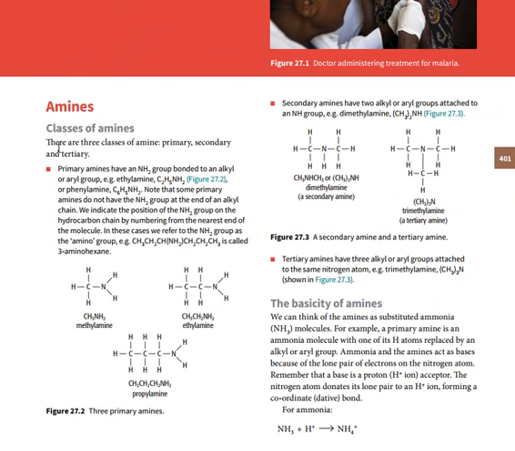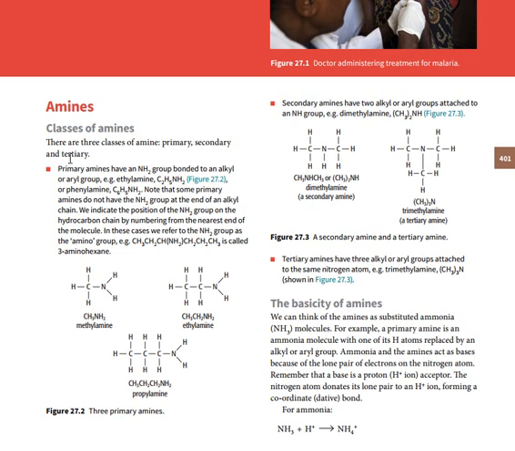To start with amines, you need to know the distinction of different amines. We first know that the physical property of amines is that they can have hydrogen bonding. This is why amines have a high boiling point.